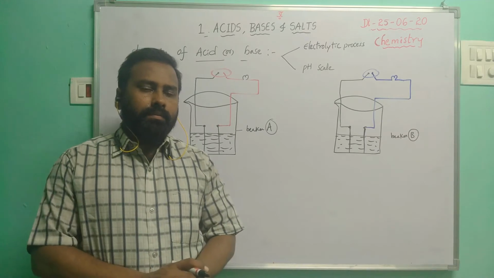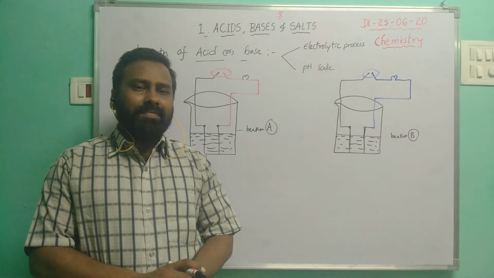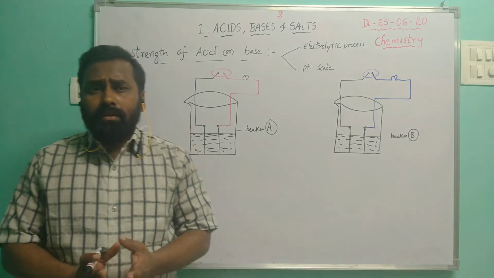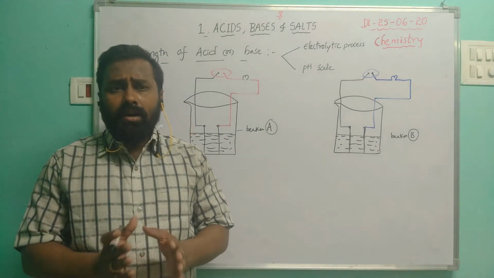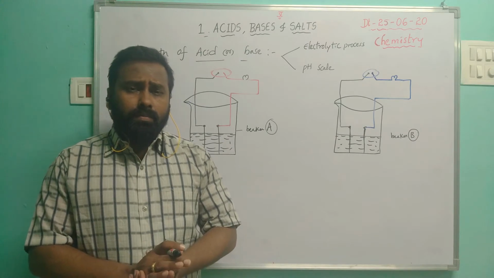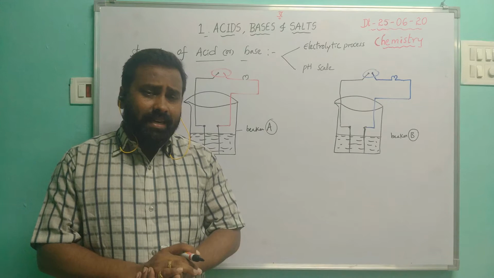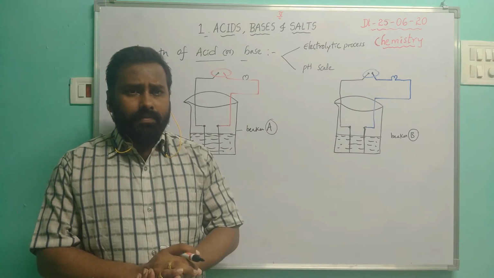Then we discuss the strength of an acid or base. How can you find the strength of an acid or base? There are two methods: one is the electrolytic process and the second one is the pH scale.